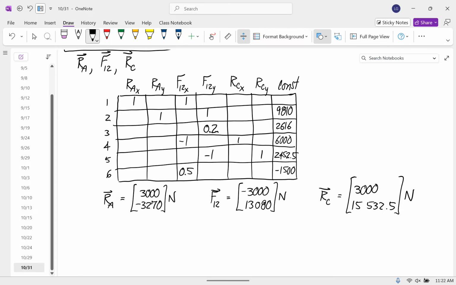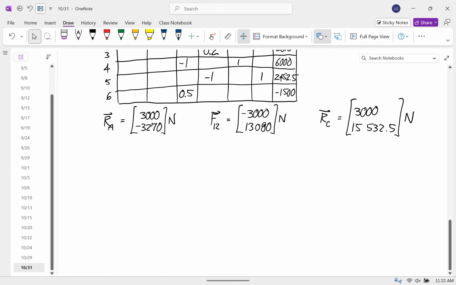those bodies. So let's plug these back into the free body diagrams and see what the bodies look like. So free body diagram of 1.